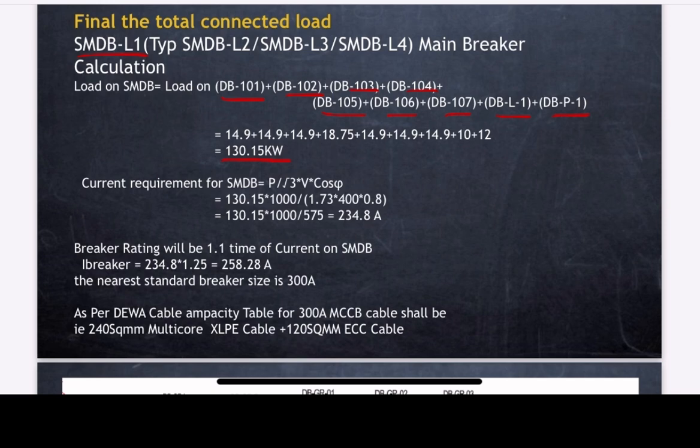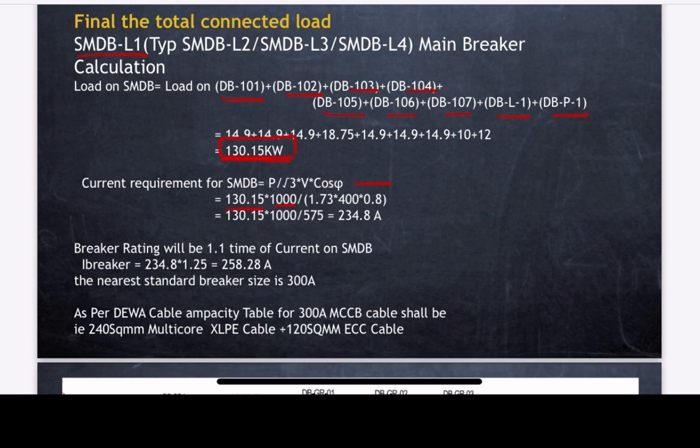We need to know the current demand for this connected load of the SMDB. So what is the formula? P is equal to root 3 into V into I into cos phi. The total load on SMDB L1 is 130.15 kilowatt, so P is equal to 130.15 kilowatt. I convert kilowatt to watt, so I multiply it by 1000.